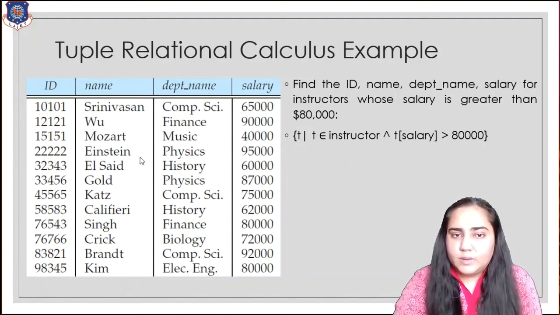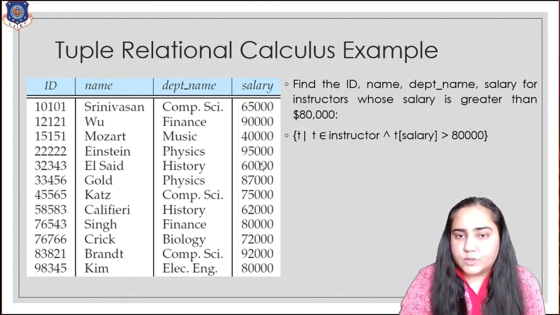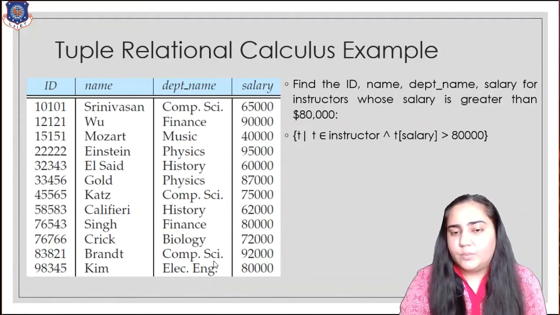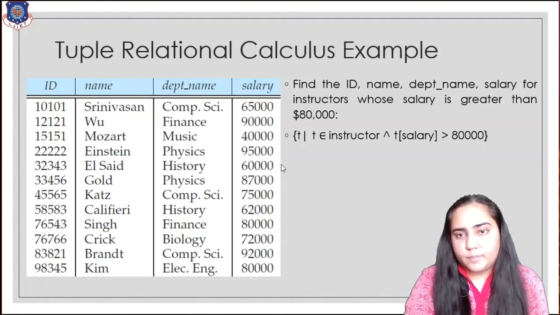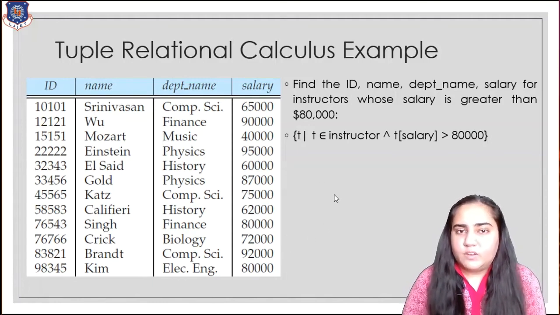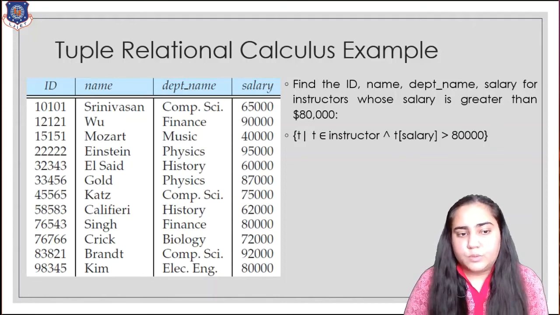And similarly, this row with Einstein is produced in the result. The row with Gold and Physics is produced in the result. And the row with Brandt and Computer Science is produced in the result. So this is a very simple example of a tuple relational calculus query.